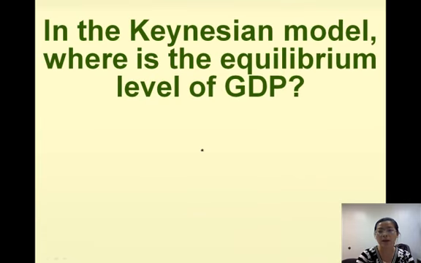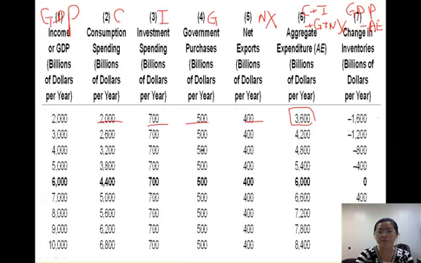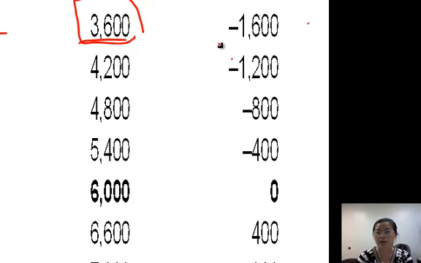Go back to this slide. That's why we got these numbers here. GDP minus aggregate expenditure is negative, which means business inventories decreased by $1,600.